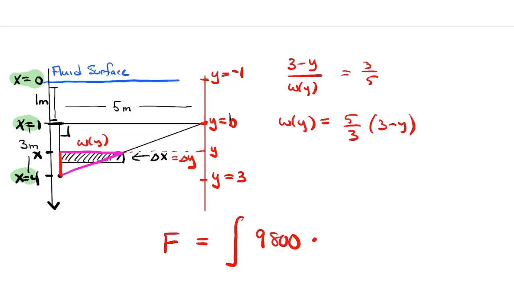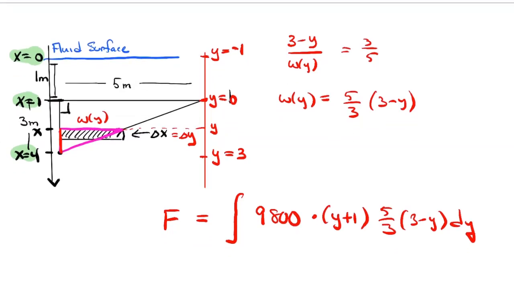Y plus 1 is the depth. So I have to adjust for that, y plus 1. And then my area is 5/3 times 3 minus y dy. And then I'm going to integrate in this coordinate system from 0 to 3. All right, this 0 down here is a bonus. It usually makes the computation a little easier.